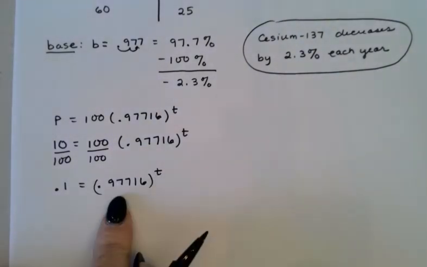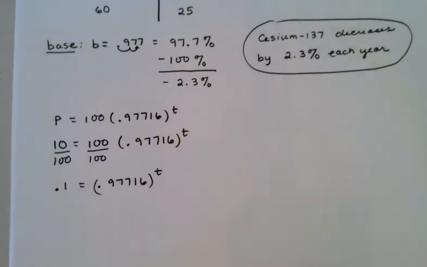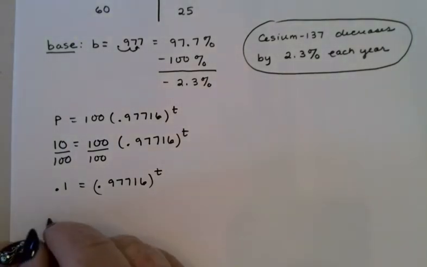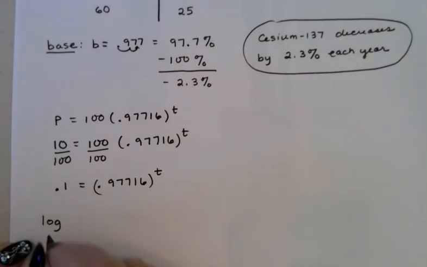And then I need to take the logarithm. I can either take the inverse, the logarithm of base 0.97716, or I can use the properties. I guess I was using the inverse last time, so I'll be consistent. Looks a little weird because it's a weird base, but that's okay.